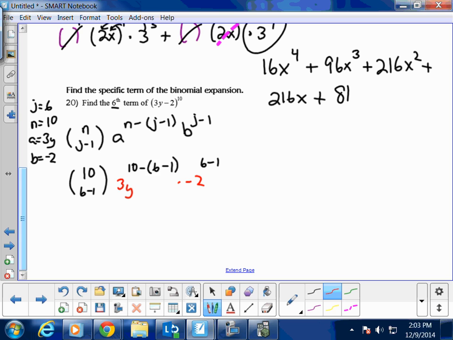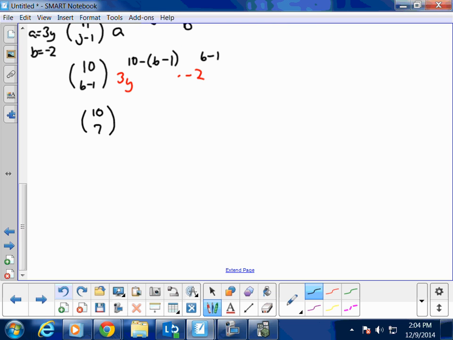This is going to give me, in our case, 10 choose 5, oops, I'm not right that way. It's 10 choose 5, times 3y to the 10 minus 5 times negative 2 to the 5th.